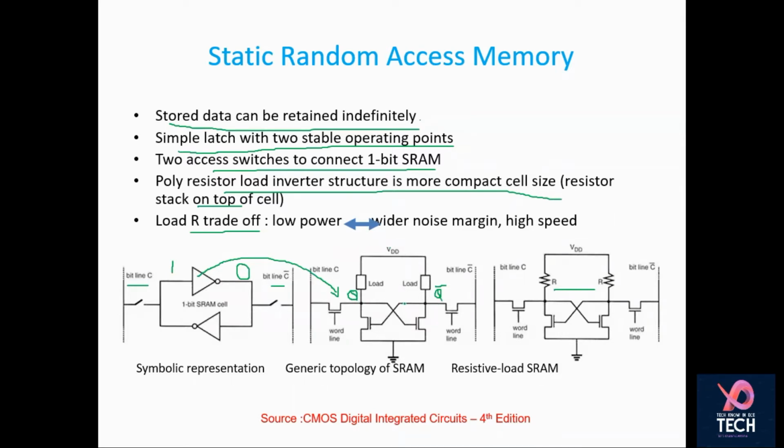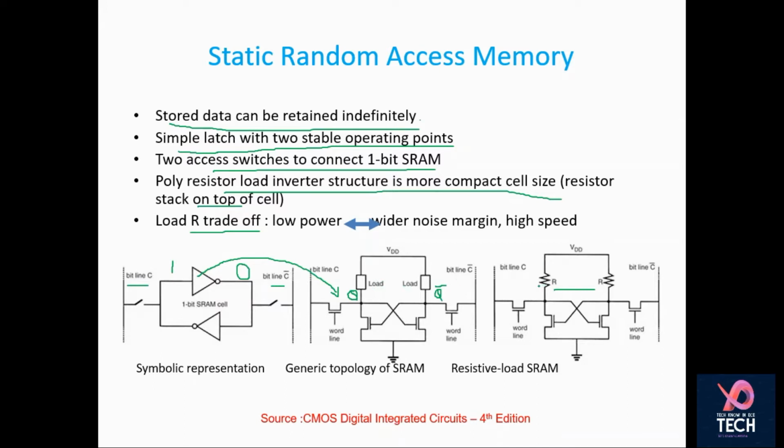Next thing is, this particular inverter can be realized with a polyresistor load. That means if we want a smaller area, we use a polyresistor load, but there are certain problems associated with it. You already know that accuracy is one issue and area is another issue.